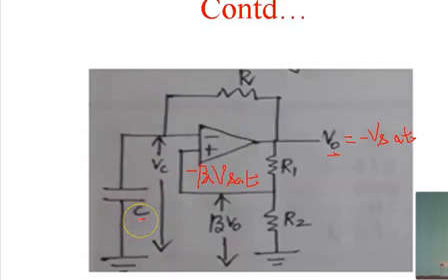Once the voltage across the capacitor is minus beta V saturation, the output voltage becomes plus V saturation. Now, with the output voltage equal to plus V saturation, the voltage at the non-inverting terminal of the op-amp is equal to plus beta V saturation.